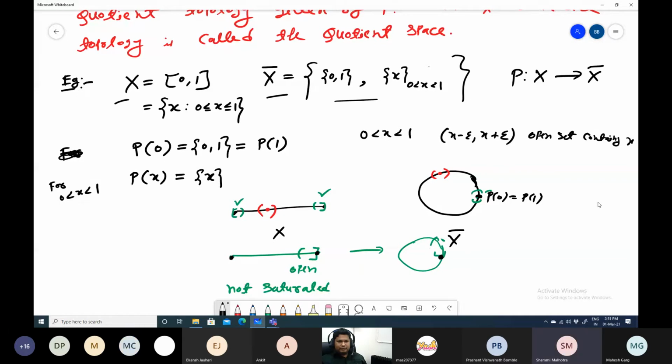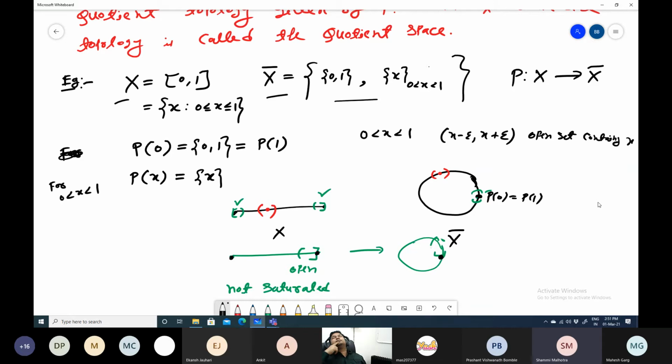So, if we have two topological spaces x and y, and a quotient map p from x to y, we know that y will have a unique quotient topology.